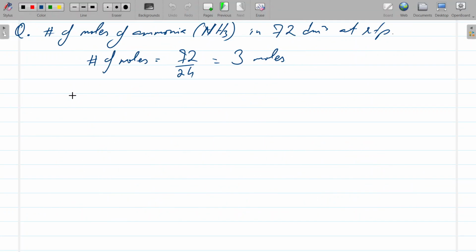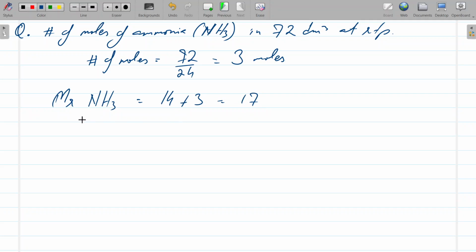I don't know if you recall the formula we just did, but what you can do is find the molar mass of NH3. Right, what is the mass of nitrogen? Right, it's 14, and so you have 14 plus 3, and that gives you 17.